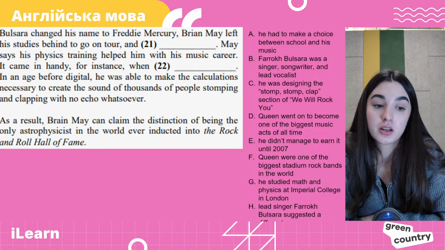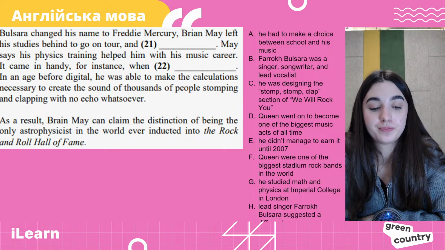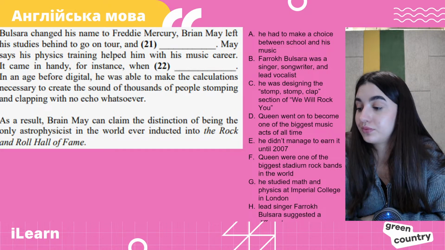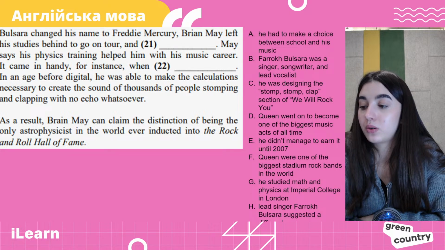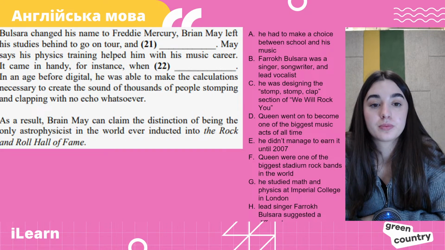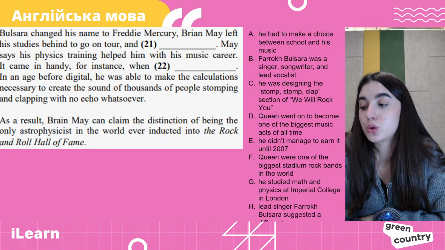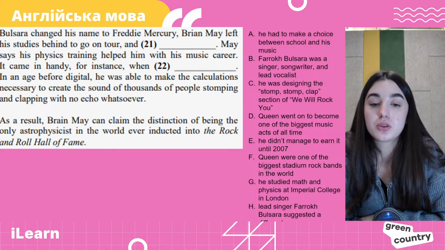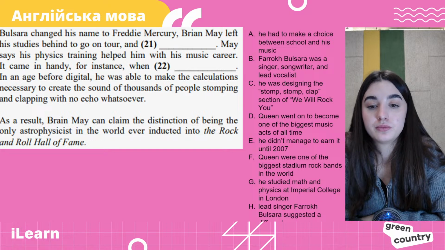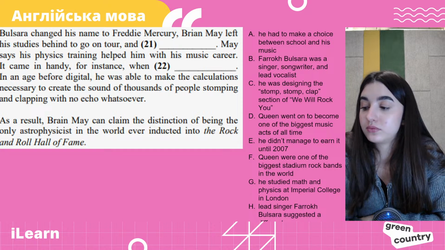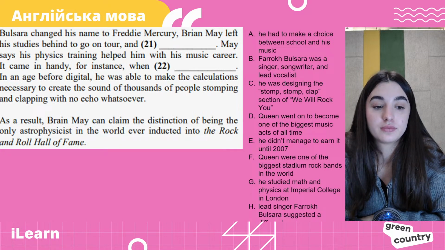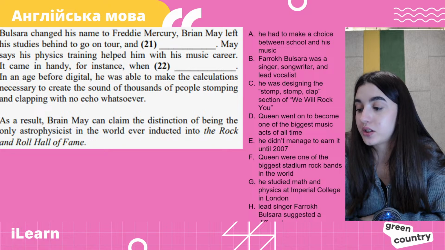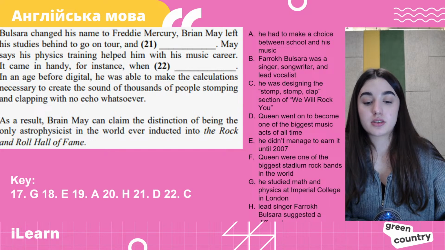C, maybe. Okay, maybe. All right. And what about 22? What do you have there? 22 is D. Okay, let's see what you have.